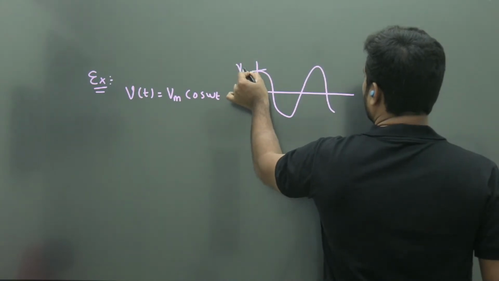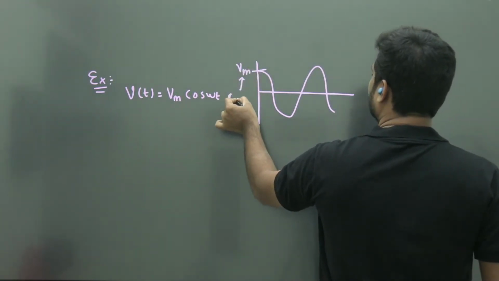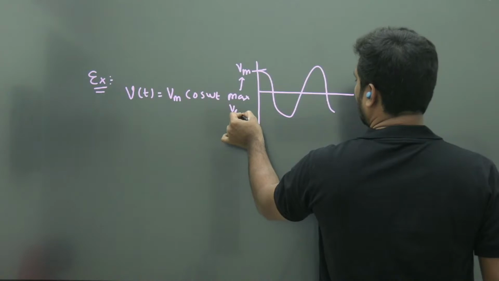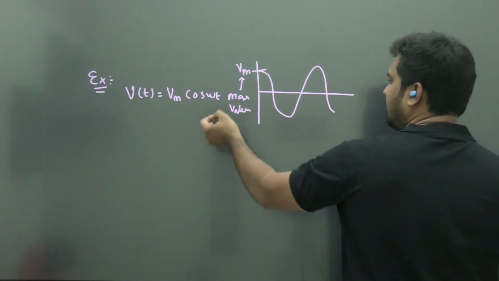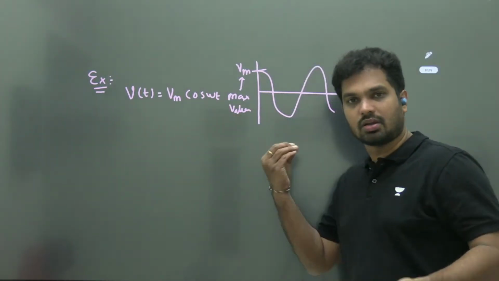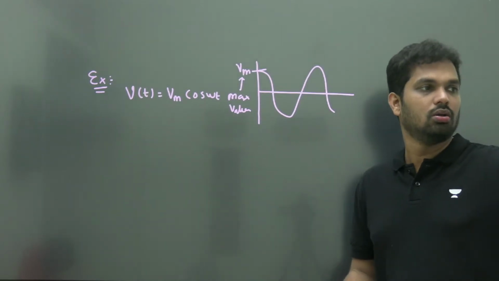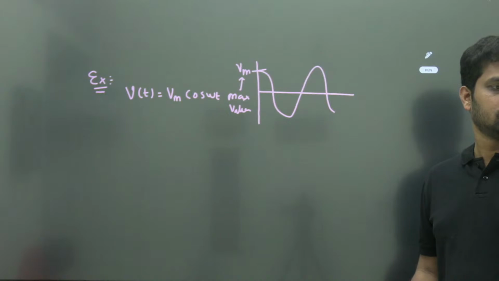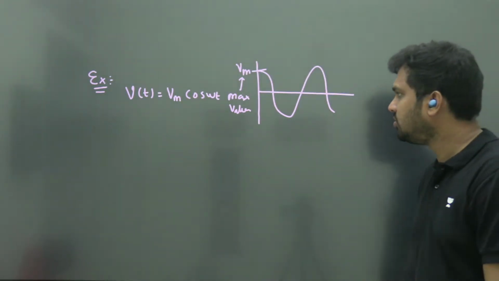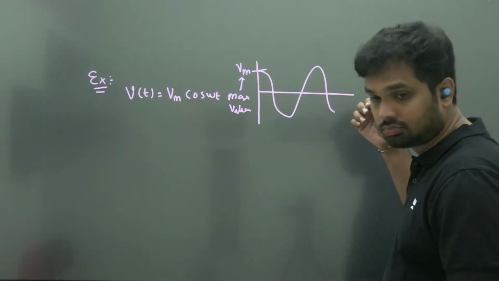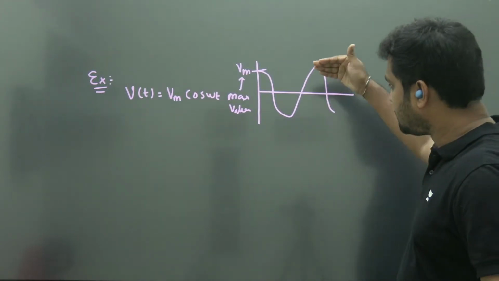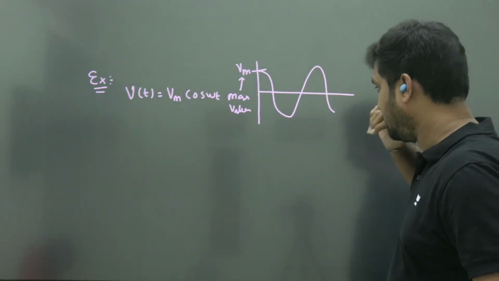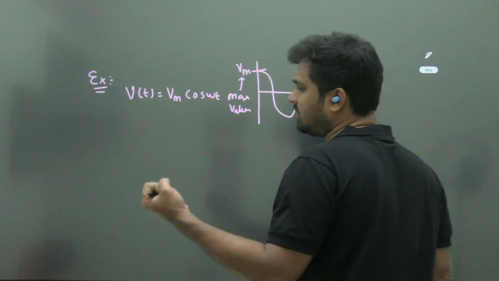So this is called the maximum value. This will tell you the frequency, and if you have some initial phase compared to the regular signal, then we have the phase shift. That basics I hope you people know.